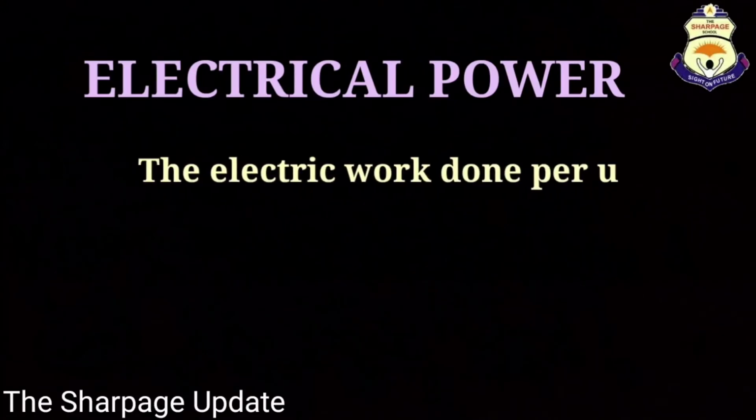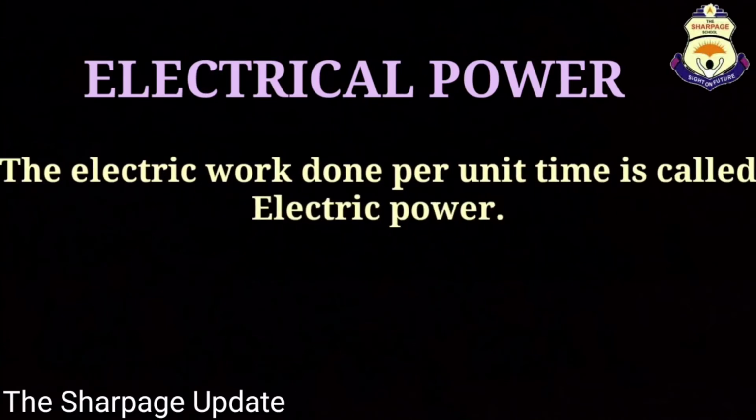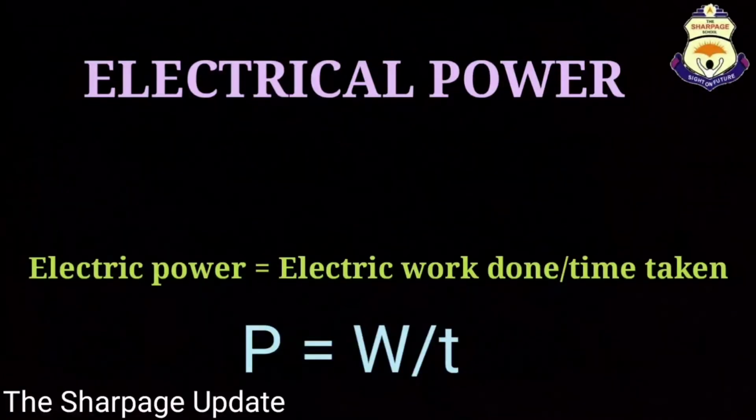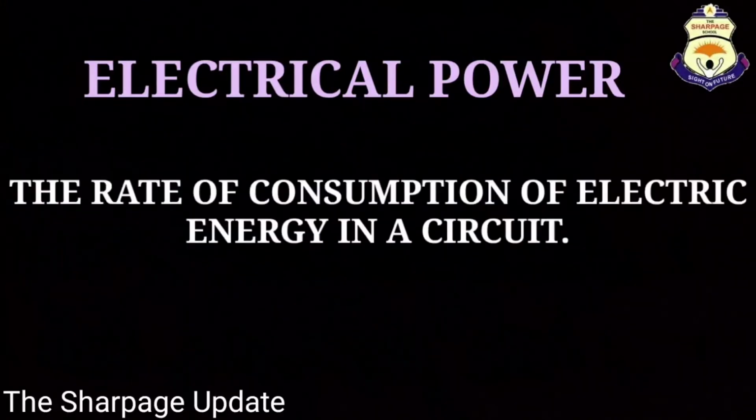Now, what is electrical power? The electric work done per unit time is called electric power. We can also write it as electric power is equal to electric work done upon time taken, that is P is equal to W upon T. Students, when electric work is done, electricity is consumed.